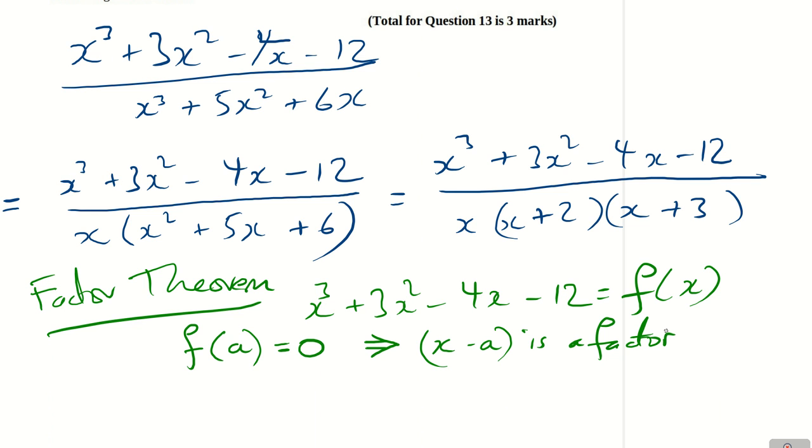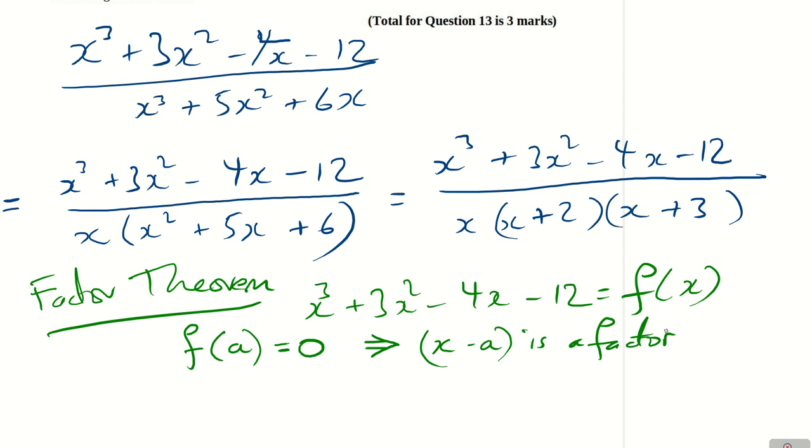If you think about it, that makes sense, because if x minus a is a factor, then when I put in x equals a, the bracket will just go to 0. That's what should happen, because when we put our x value equal to a, the expression comes to 0.